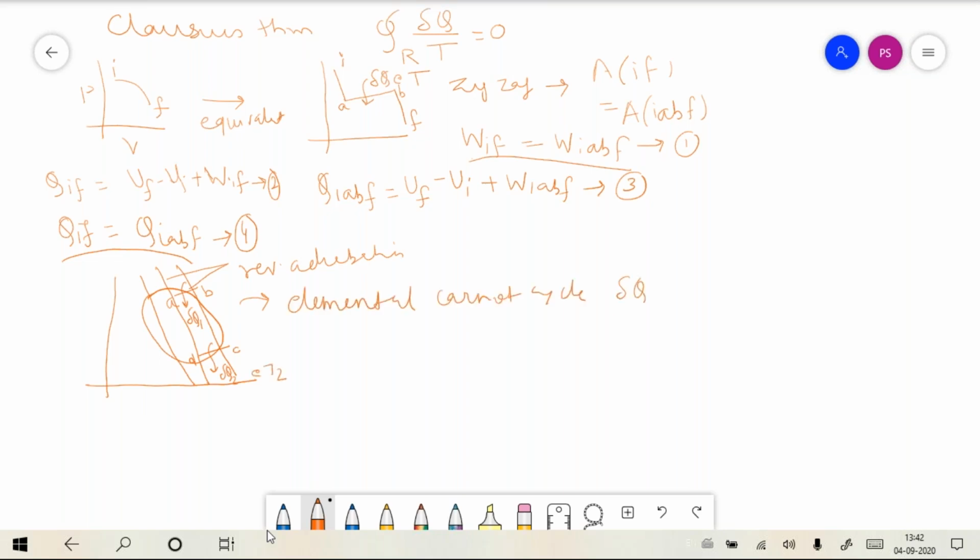And for an elemental Carnot cycle, del Q1 by T1 is equal to minus del Q2 by T2. Now I am including the sign, or in other words, for the elemental cycle, del Q1 by T1 plus del Q2 by T2 is equal to 0. Similarly, for another elemental cycle, del Q3 by T3 plus del Q4 by T4 is equal to 0. For some other cycle, del Q5 by T5 plus del Q6 by T6, and so on and so forth. In other words, you can go on writing this up to infinity.